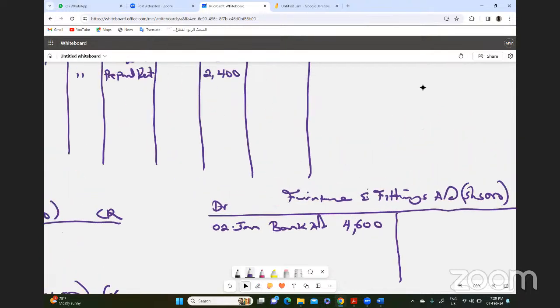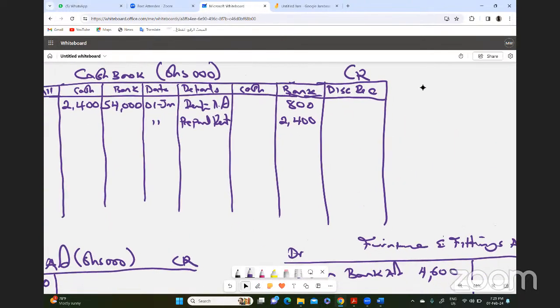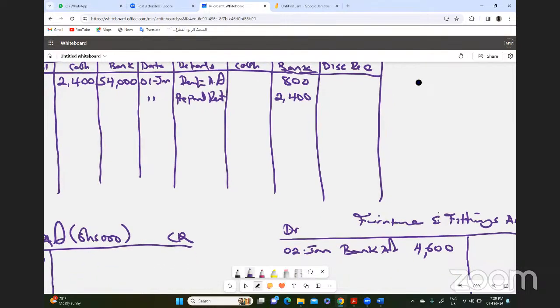And then we go to our cash book. Second of Jan, we have furniture and fittings, $4.6. Are we okay?